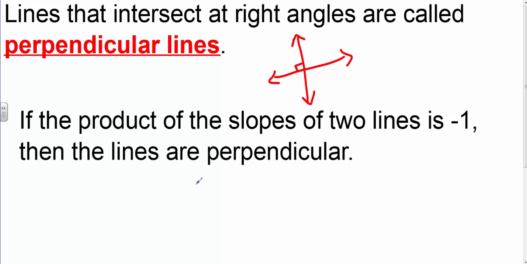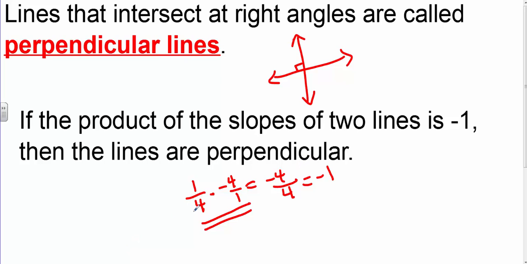What that means is this. If one of them is 1/4 and you have another one that is -4/1, when you multiply these together, 1 times -4 gives you -4, and 4 times 1 gives you 4. That gives you -1. That means that these two slopes are the slopes of perpendicular lines.